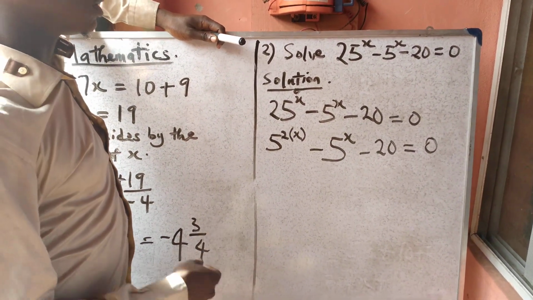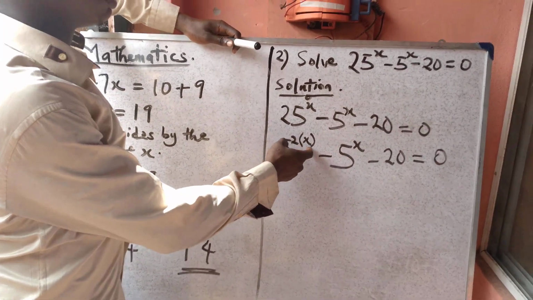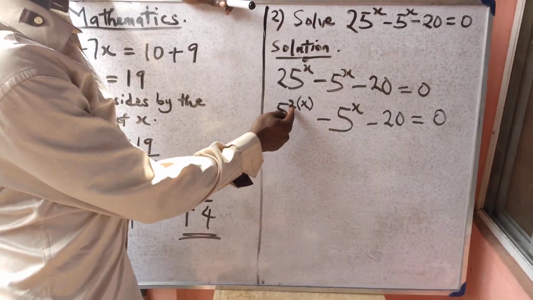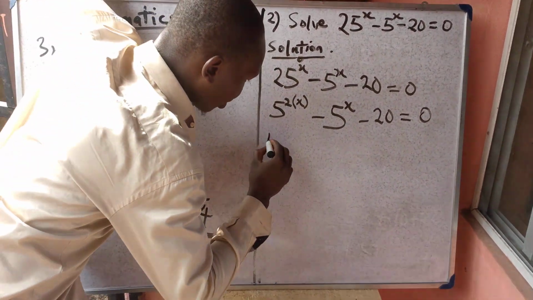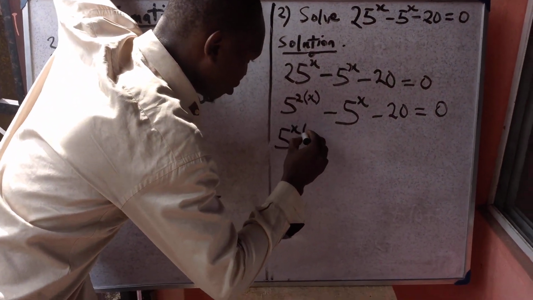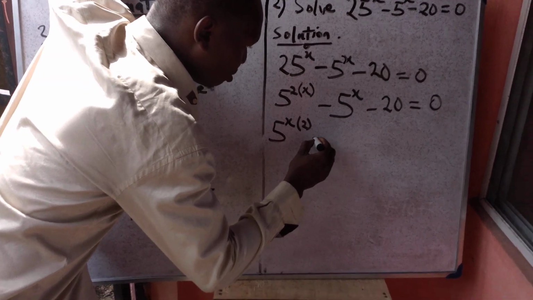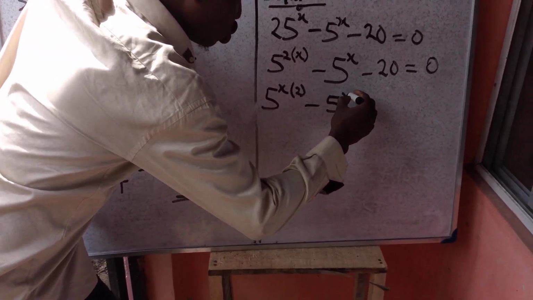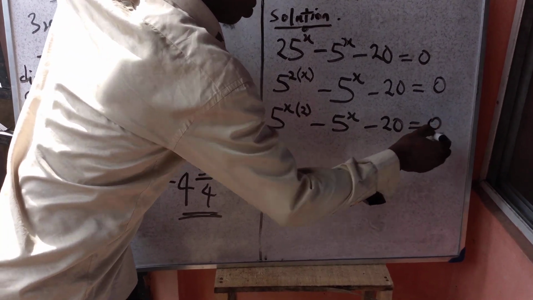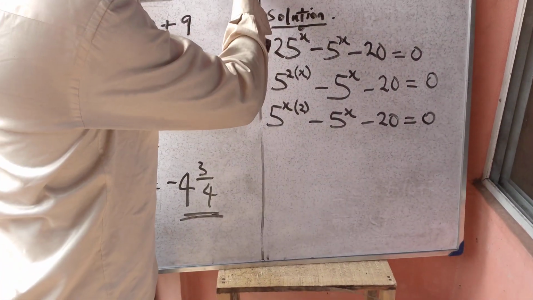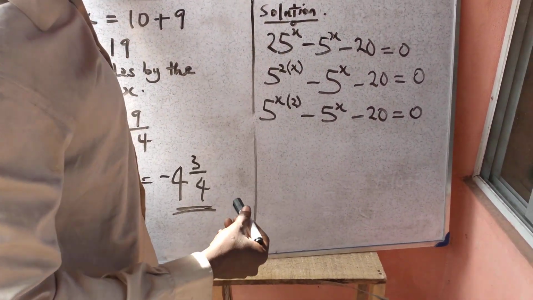Now let's look at this. If you interchange the powers such that x comes here and 2 goes here, what then will you arrive at? We arrive at 5 raised to power x multiplied by 2 minus 5 raised to power x minus 20 be equal to 0. Okay, so this is what we're having.